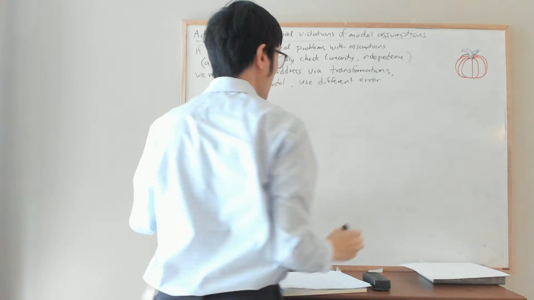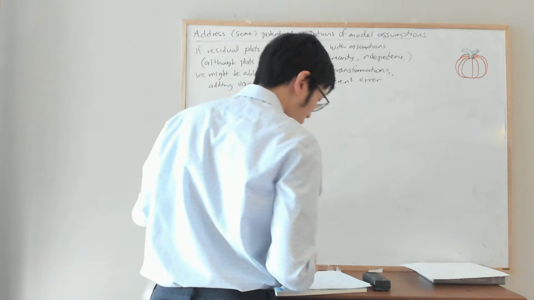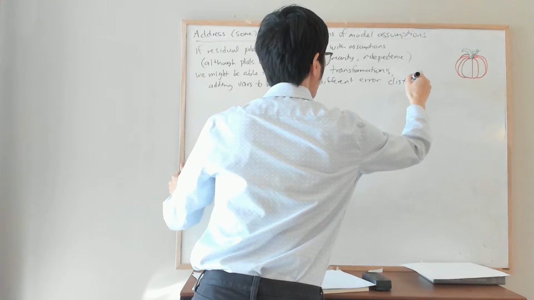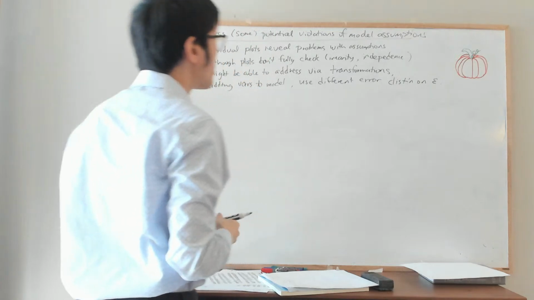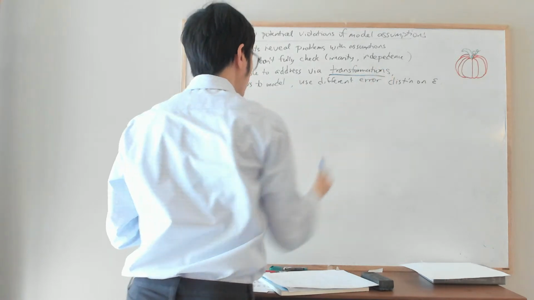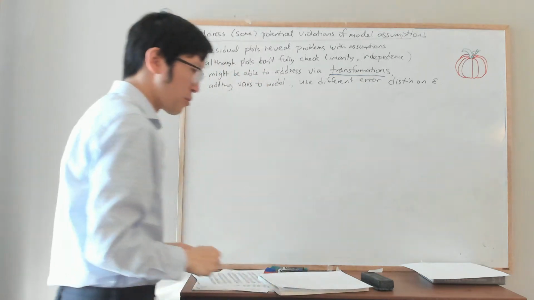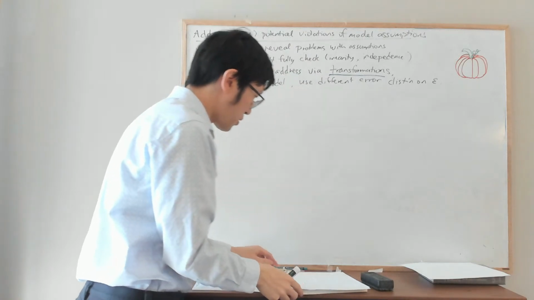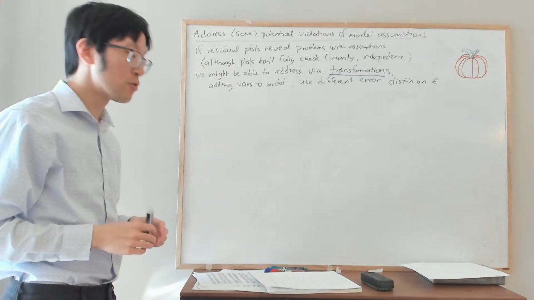In other words, leave behind the normal and maybe use a different error structure on the residuals. Okay, so I'm going to focus on transformations first, because they are quite helpful in solving some common issues, especially when the variance of the response is not constant over all values of the predictors.